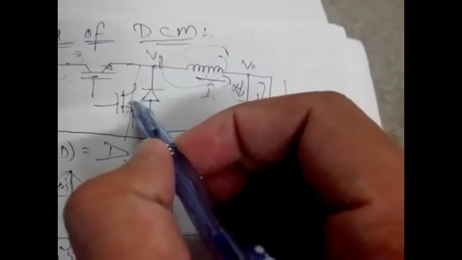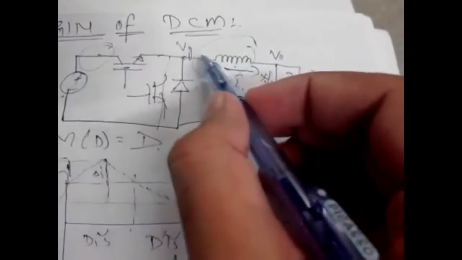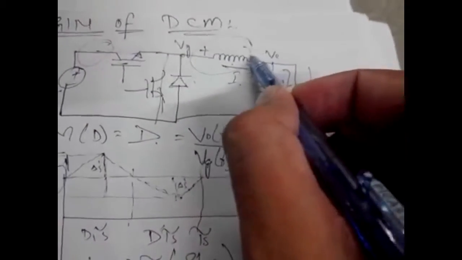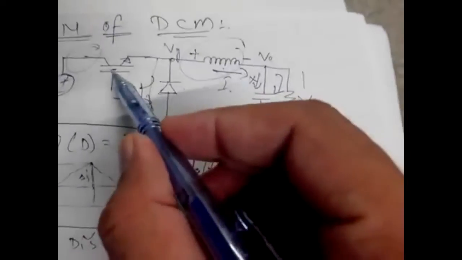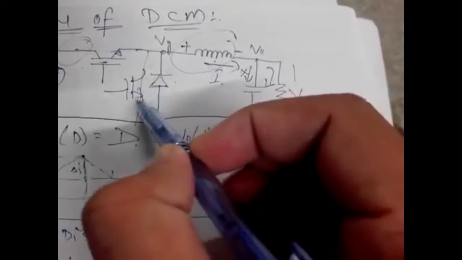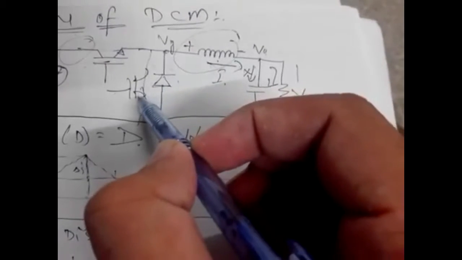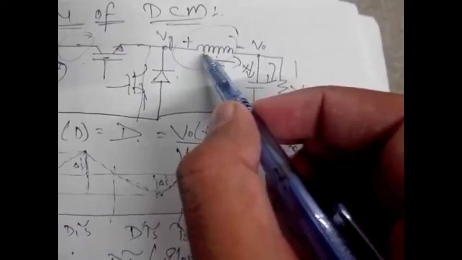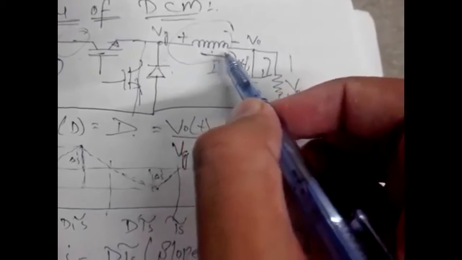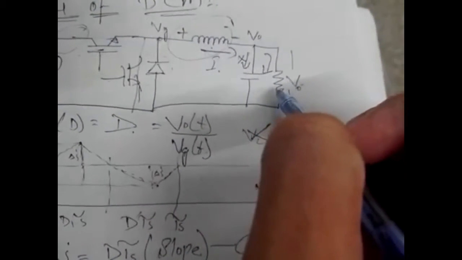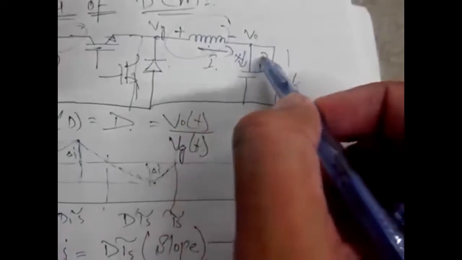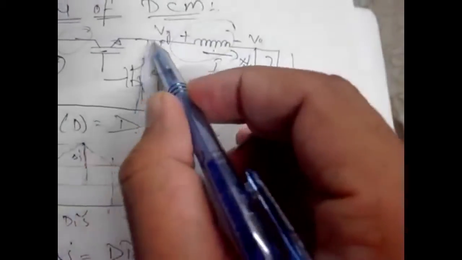Initially, when this switch is off and this switch is on, it charges the inductor in this polarity. But when this switch is off and this switch is on, let's suppose we connect this type of bidirectional switch, then the energized inductor becomes de-energized through the load resistance, so the whole current flows in this way.